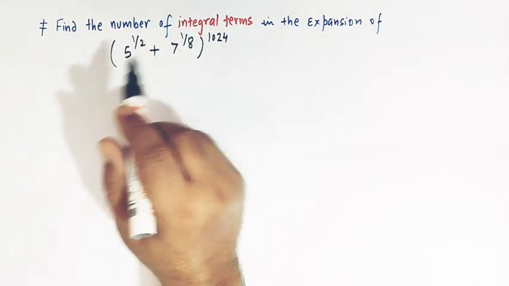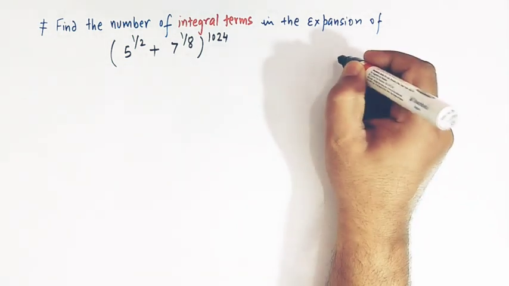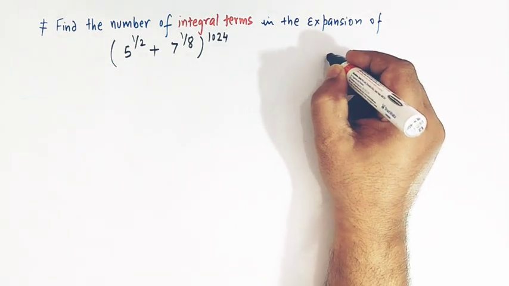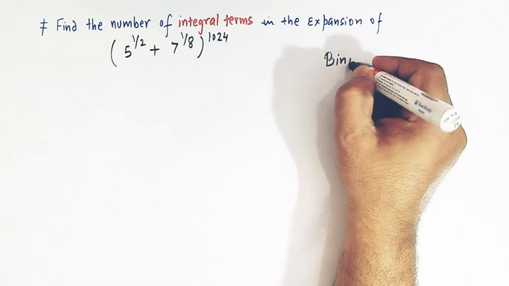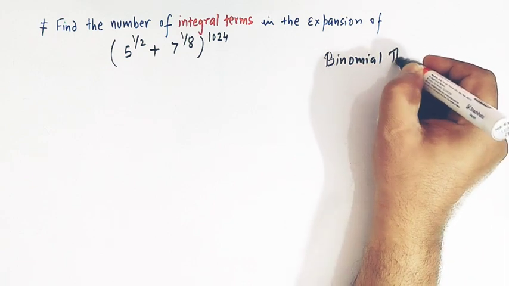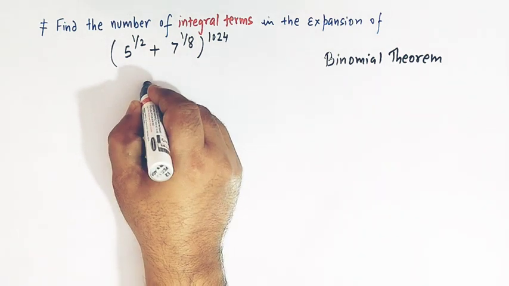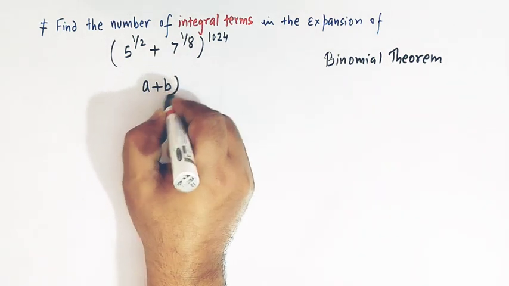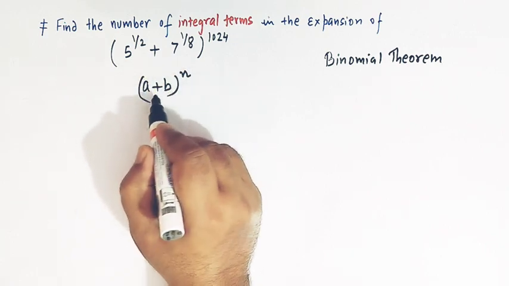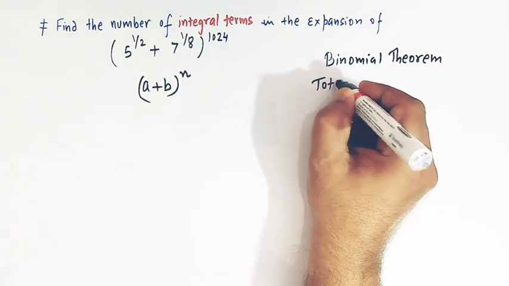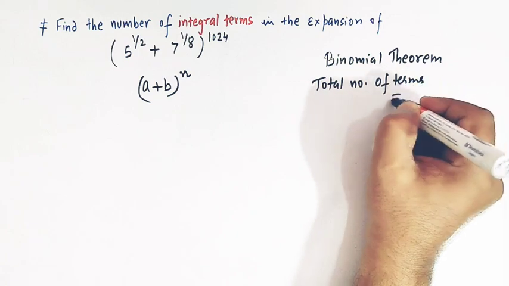To find the solution of this problem, we have to make use of the general term in binomial theorem. So let us consider a binomial a plus b raised to n. If we expand this binomial, then the total number of terms would be n plus 1.